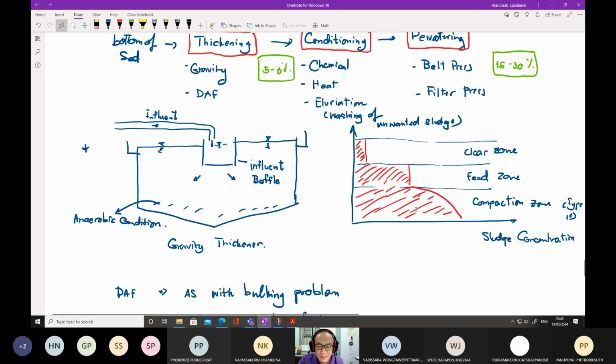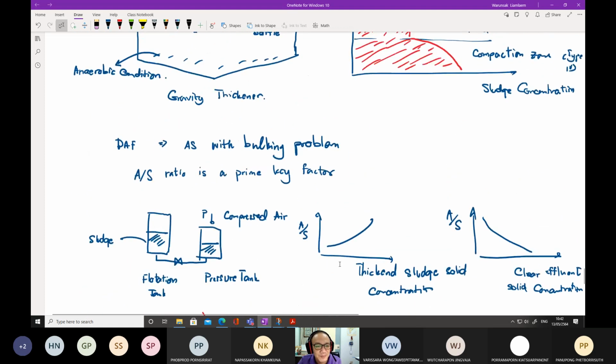The deeper the depth, the higher the sludge concentration. So this is how we classify the sludge thickener into 3 zones: clear zone, feed zone, and compaction zone.